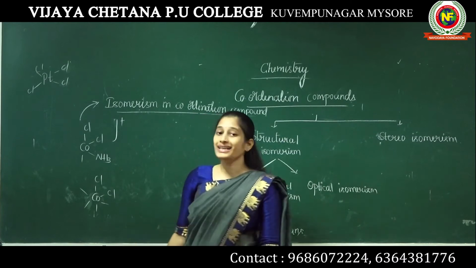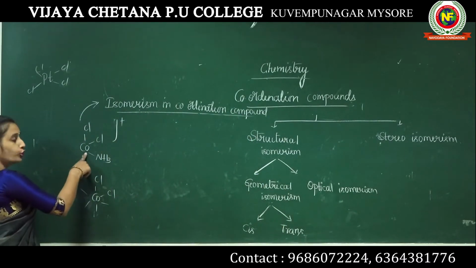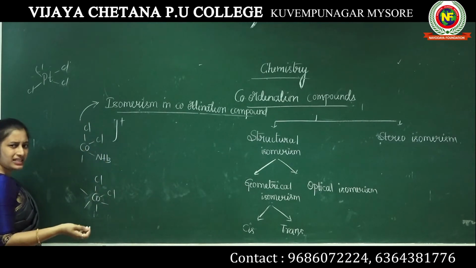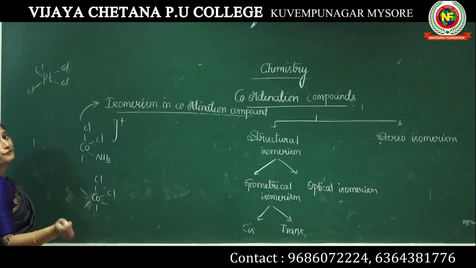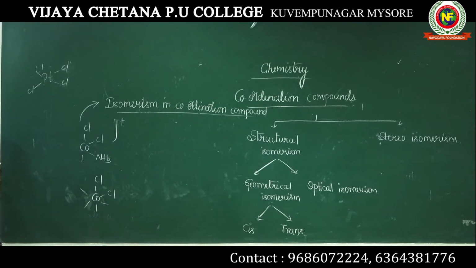Now coordination number 6. Coordination number 6 means around cobalt there are 6 ligands. It may be the same ligand or it may be different ligands. But here I am going to deal with only different ligands. Why? It's a heteroleptic complex.